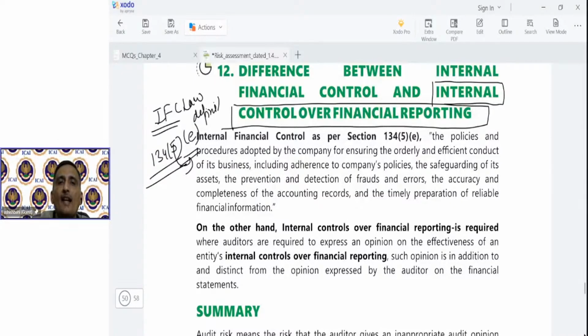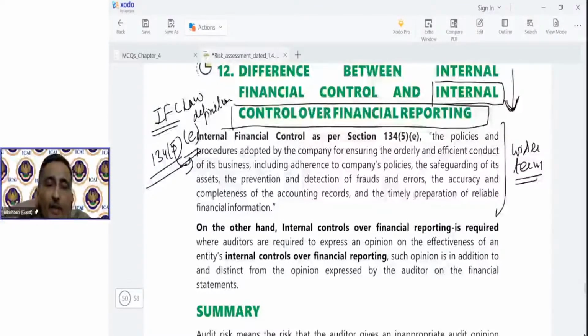So far as internal controls over financial reporting, you have to understand this much, students, that this is a wider term because it contains not only such aspects like effectiveness and efficiency of operations of the company, prevention and detection of errors and frauds, compliance with laws and regulations, and safeguarding of assets.